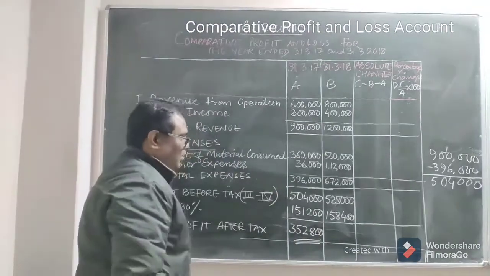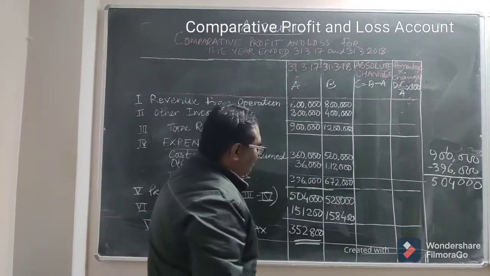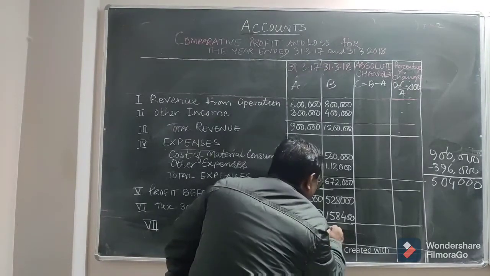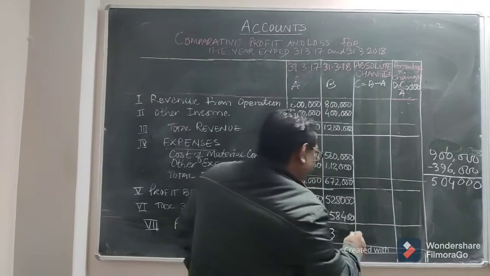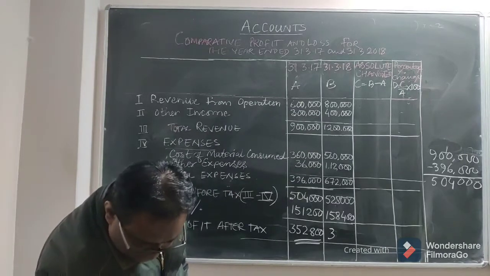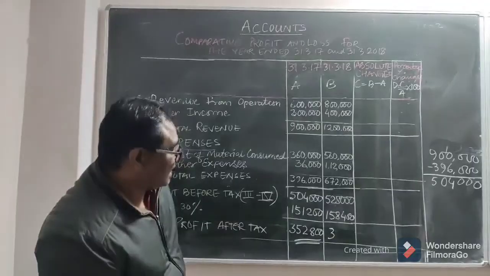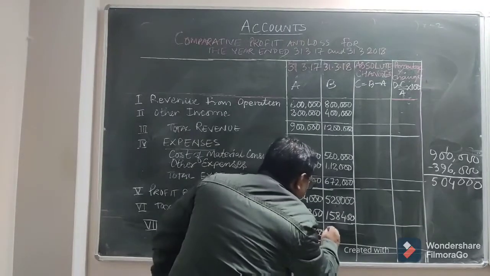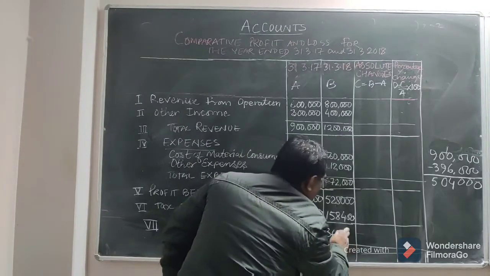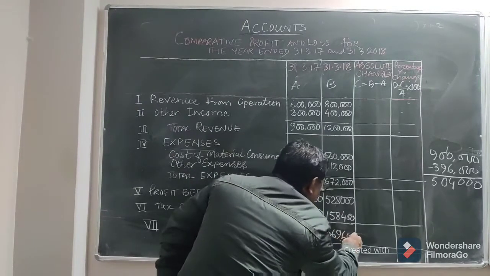Similarly, for the current year, 31st March 2018, 5,28,000 minus 1,58,400 gives 3,69,600.